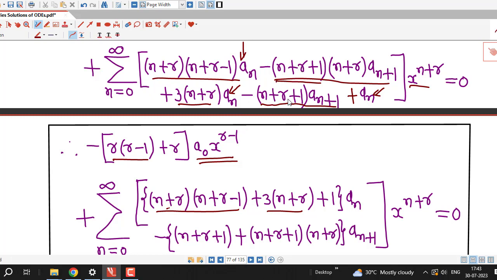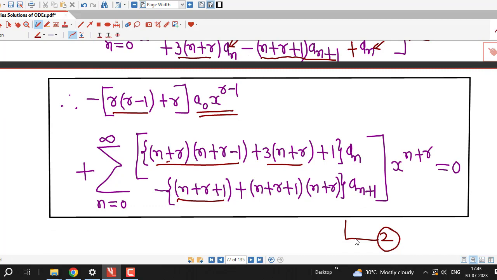I have taken minus a n plus 1 common, and I have written this term first, n plus r plus 1 plus n plus r plus 1 into n plus r a n plus 1 x raised to n plus r equal to 0, and I give this equation as number 2.